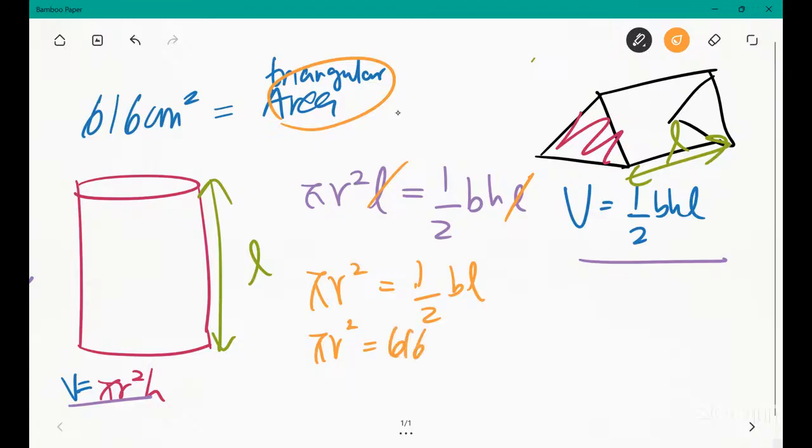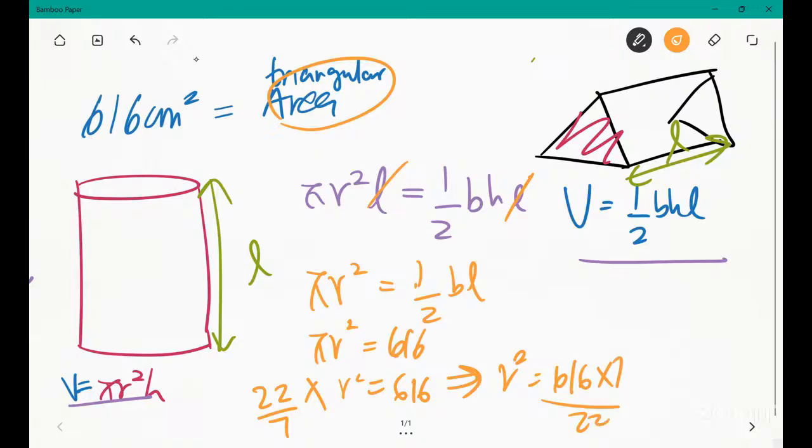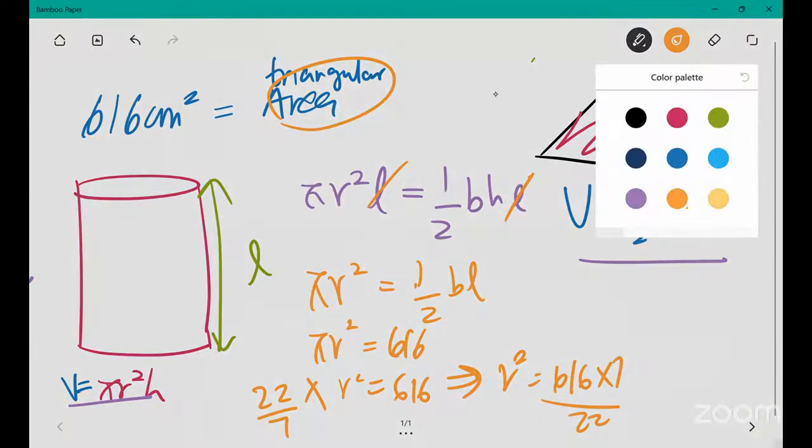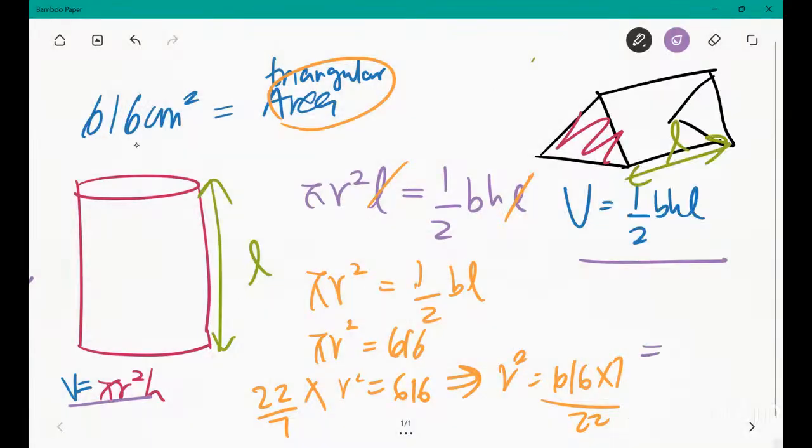We got this equation before also. So r squared into 22/7 is equal to 616. Therefore, r squared is equal to 616 into 7/22. And when you simplify, we got this same question before. You get 196, so r is 14 centimeters.